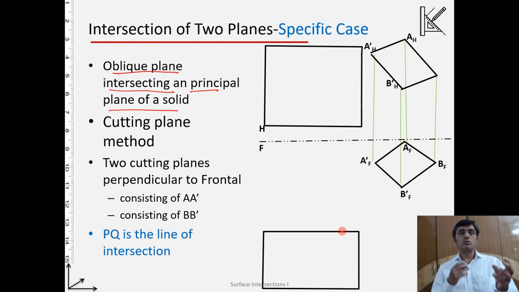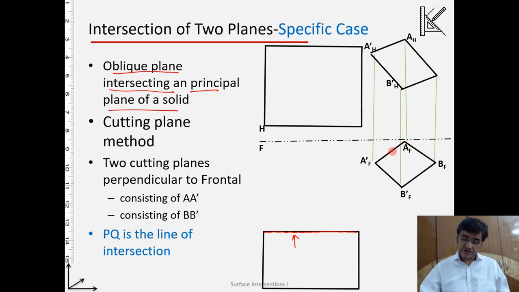So now to identify that line, just visualize it. The given plane is intersecting the top face of this cuboid. Okay, the top face of this cuboid. So what I see here, this is the edge view corresponding to this projection.